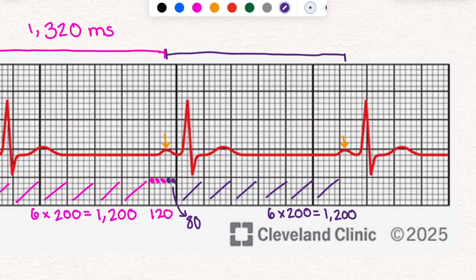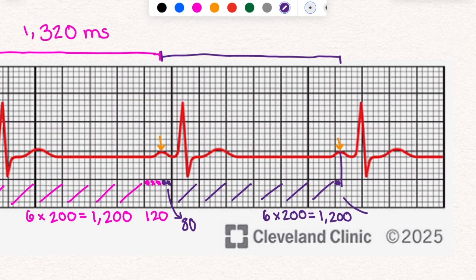And then I have one more small square to go before I reach the crest of the next P wave. So I would need to add an additional 40 milliseconds. Doing that gives me a time of 1,320 milliseconds.